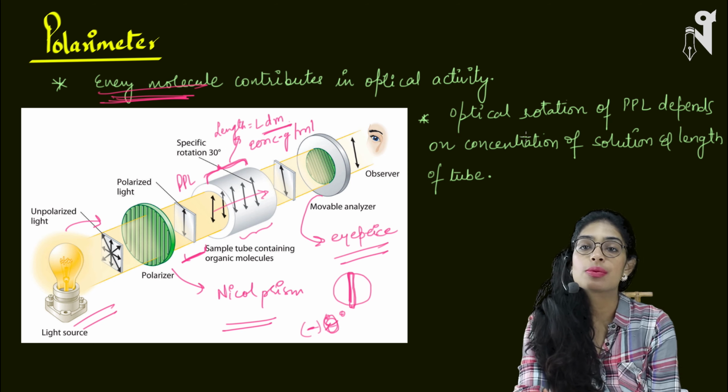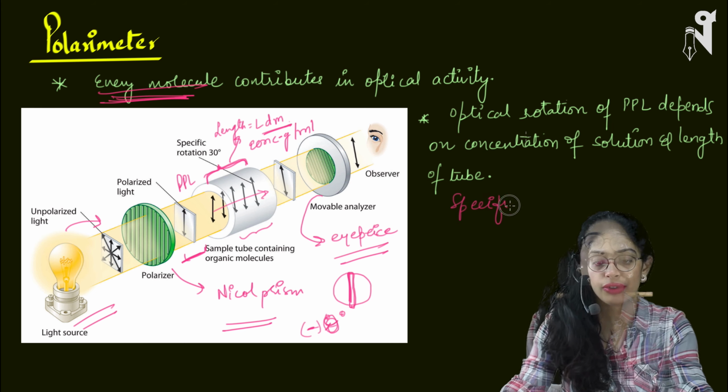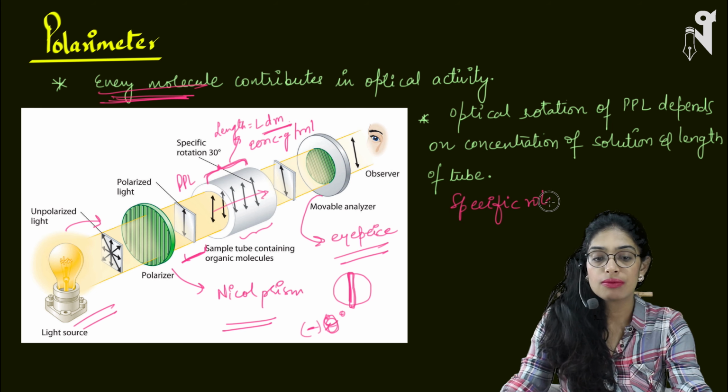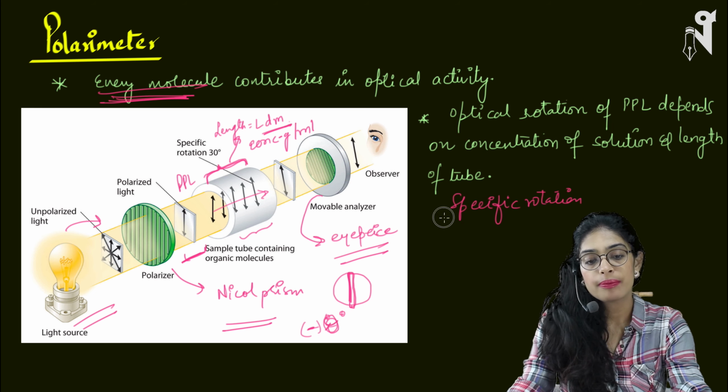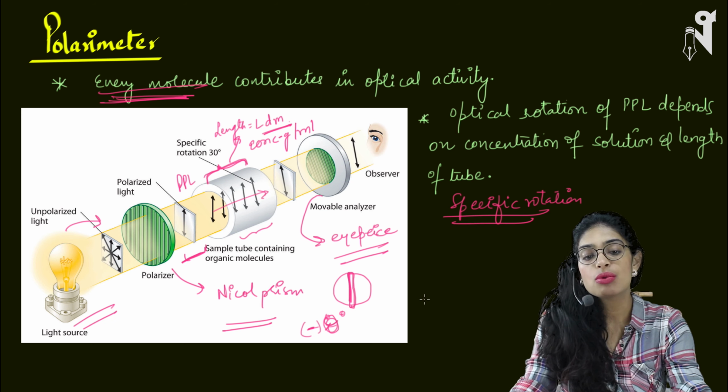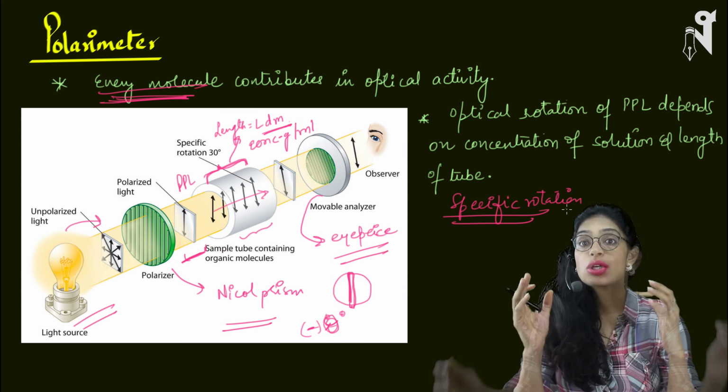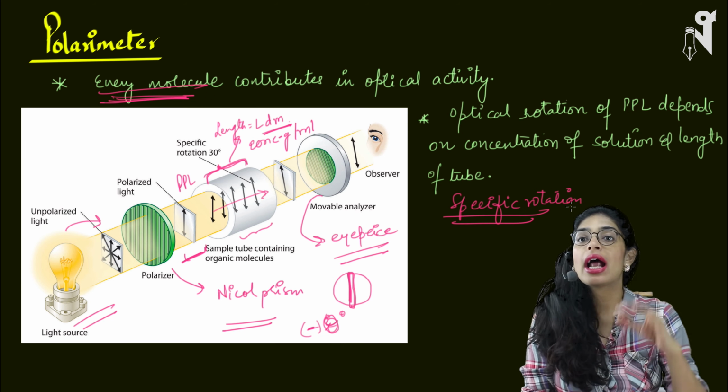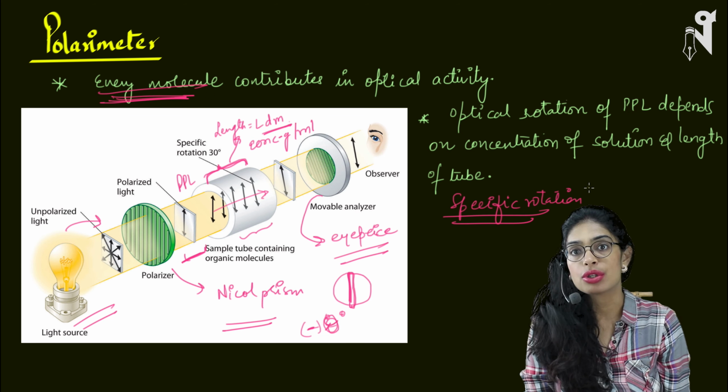So here, to fix this problem, we have introduced a new term which is called specific rotation. And what exactly is the specific rotation? Specific rotation is the more standardized term which is constant for any compound at a particular wavelength and temperature.